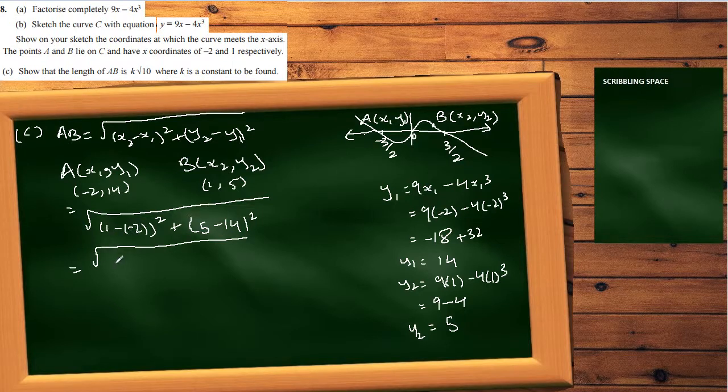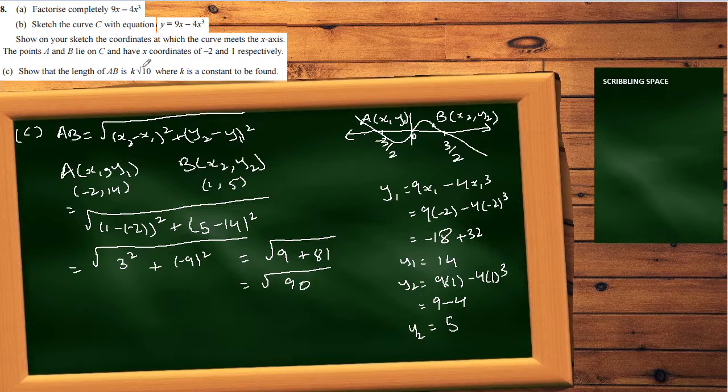Minus and minus is plus, so 1 plus 2 is 3, so that's 3 squared, plus 5 minus 14 is minus 9, so minus 9 squared. This can be written as 3 squared is 9 and minus 9 squared is 81. So that is under root 90.